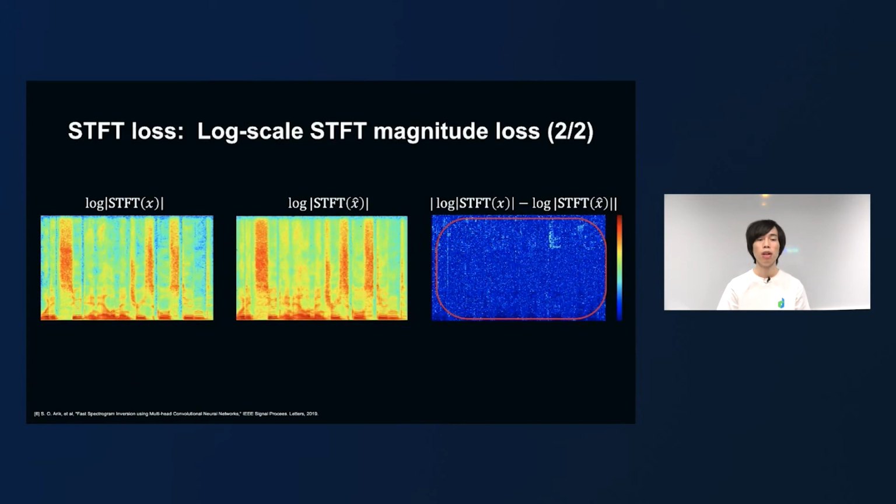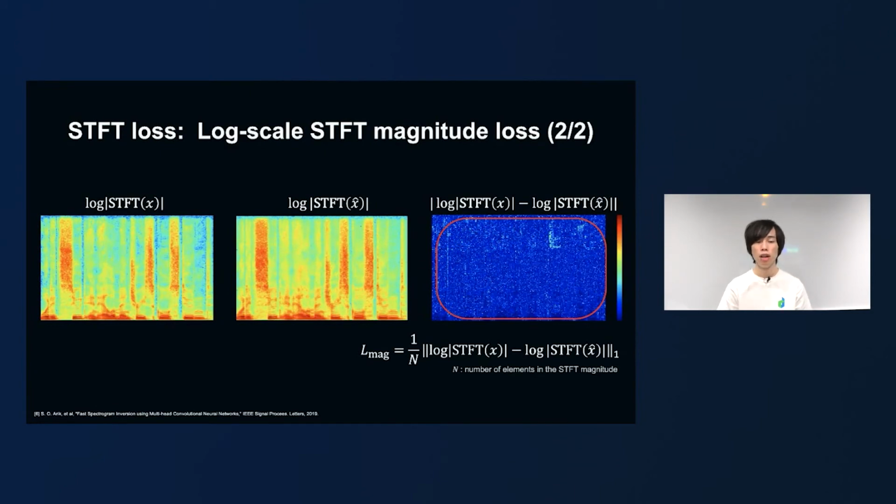If you look at the graph on the right, you can see that the high-power components are distributed throughout the mid-wide band of speech. By taking the log, the difference is emphasized even in the frequency band with small amplitude. By using this log STFT loss, the generator is trained to reproduce the detailed structure of speech.